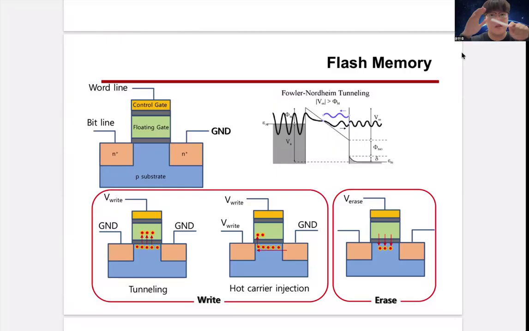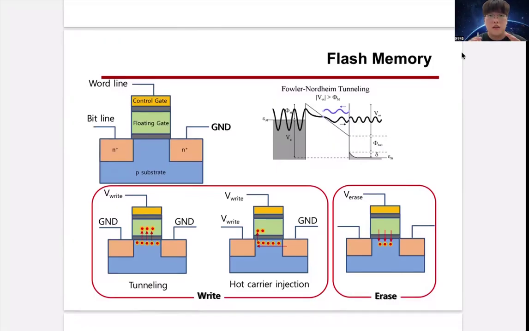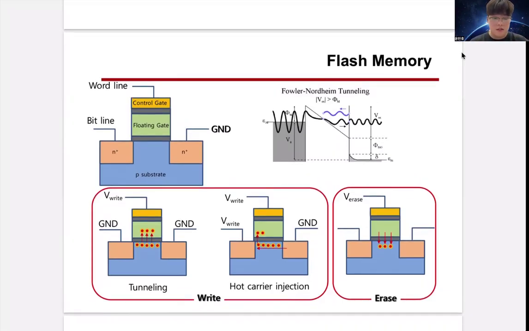Flash memory is very important these days. This slide shows the principle of flash memory. As you can see in the slide, in flash memory we store the data on the floating gate here. This is the oxide state, so there's an oxide barrier.